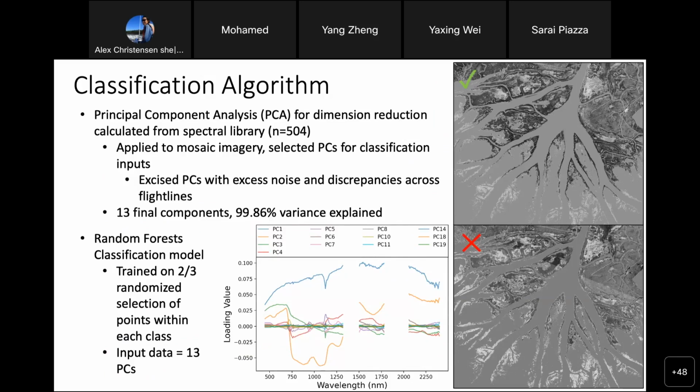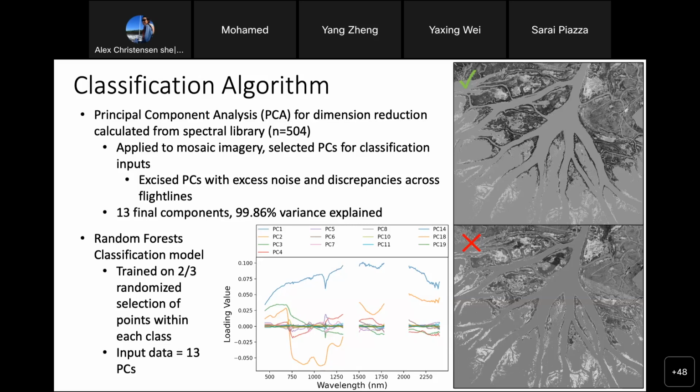This was a key step because some of these principal components, when you apply it to imagery, will pick up on things that can vary between flight lines, like different atmospheric effects. This is one of the challenges of remote sensing, especially in very humid environments like August in Louisiana, because the atmospheric conditions can be very variable and change day to day and also hour to hour.